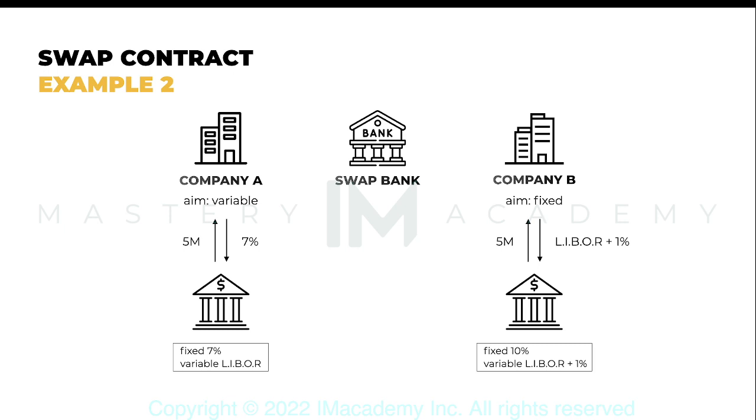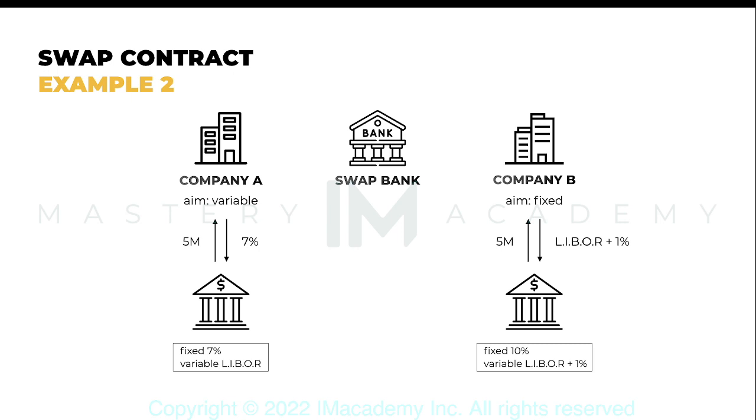Let's say the swap bank says, okay, I'm going to do a swap now, a totally separate deal with each of my clients. So now the swap has nothing to do with Bank A or Bank B. Swap is a totally separate deal and totally separate contracts with both company A and company B. Swap bank says, okay, company B, you've borrowed 5 million from Bank B, but you just want to change the interest rate you are paying and you would rather pay a fixed rate, correct?